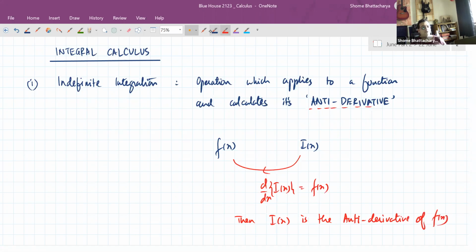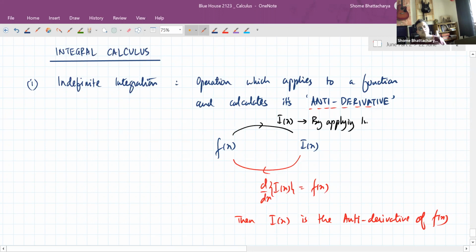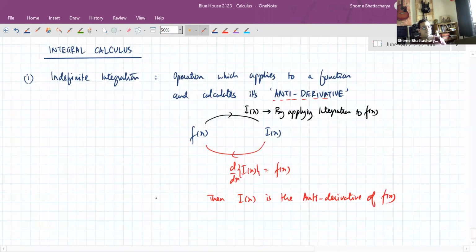But how do we go in the forward direction? So this is calculated by applying integration to the function f(x). So this is just the definition. Just make a note of it.